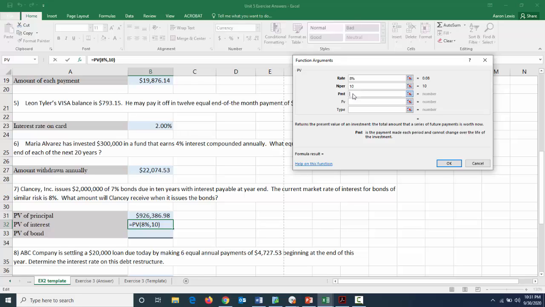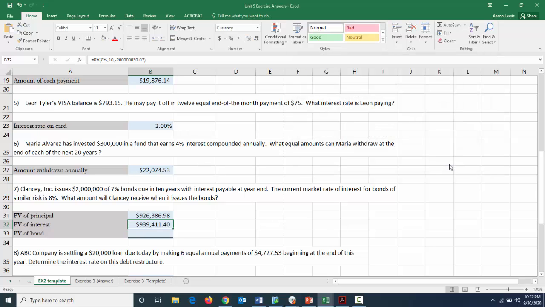What is the amount of interest we have to pay out every year? Well, we know that our bonds are going to pay 7%. 7% of what? 7% of face value of $2 million. So let's go and take negative $2 million and multiply it by 0.07, or that's 7%. Which means the present value of that interest is $939,411.40.